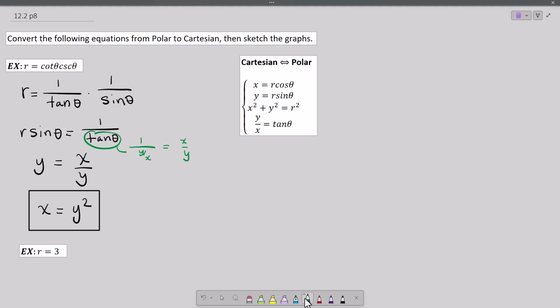All right. Now it says to graph this. So when we graph, this is a parabola that opens sideways. So it's opening to the right. There's no domain given here. There's no restriction on the theta. So that means theta can be anything.